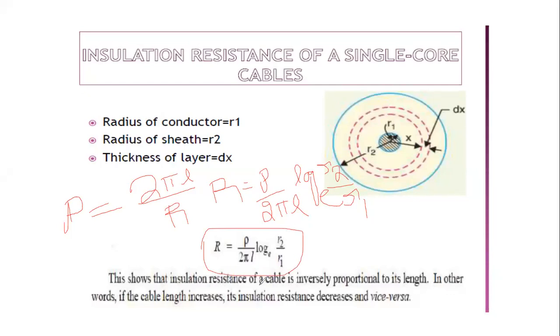This shows that the insulation resistance of a cable is inversely proportional to its length. In other words, if the length of the cable increases, the resistance decreases.